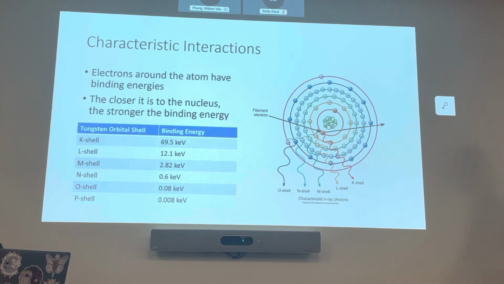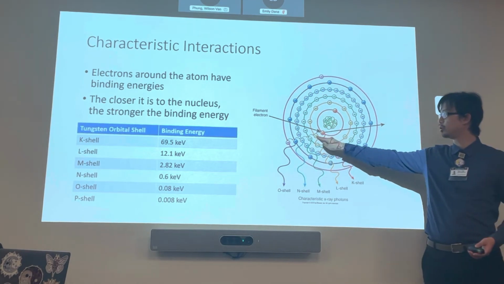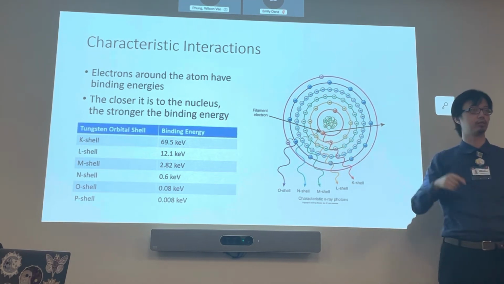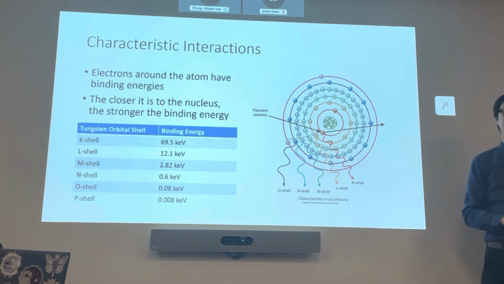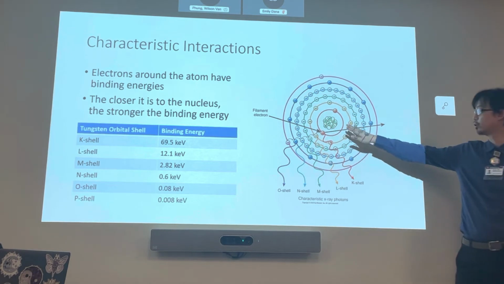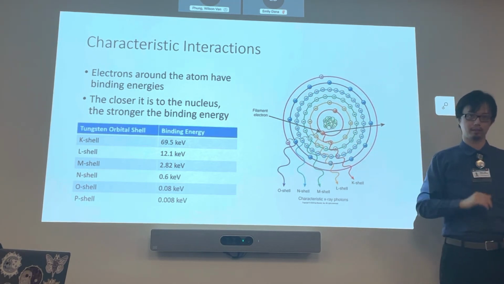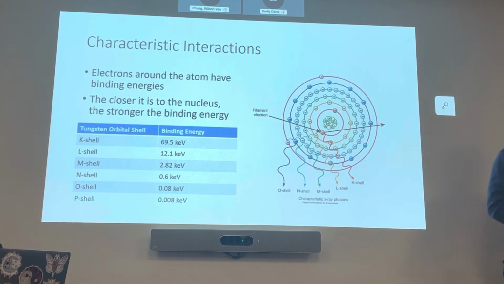X-rays are formed when an electron jumps into a lower shell. Does that make sense? Lower shell or higher shell? The lower shell. The closer it is to the nucleus, the lower it is. So inner shell, I should say. It happens when an outer shell electron wants to jump into an inner shell. Yes, Charo.